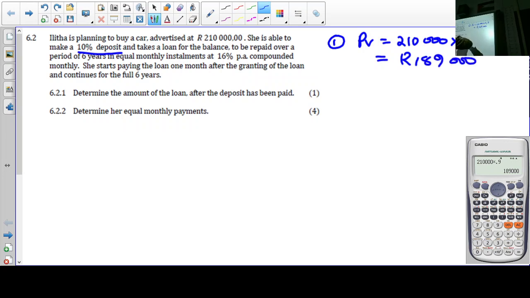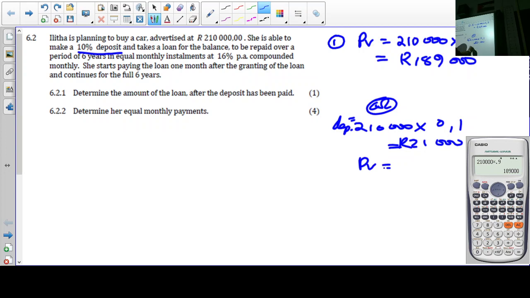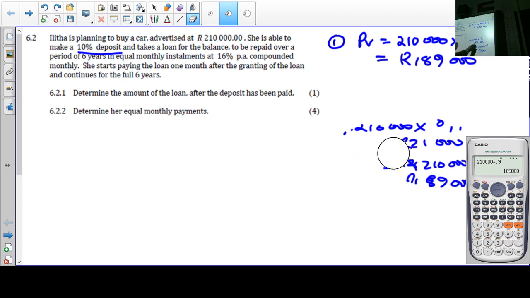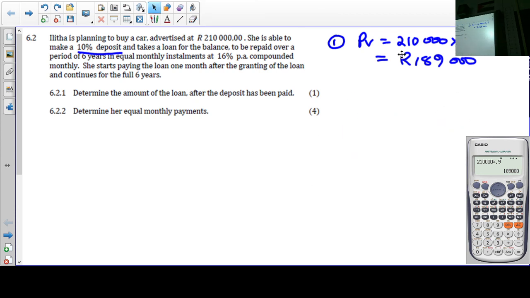Or we could have said 210,000 multiplied by 10%, which is 21,000 rand. That is your deposit amount. And then your PV, or loan amount, is going to be 210,000 minus 21,000. Gives you 189,000. Okay. So either way, you're going to get your full mark. But it's 1 mark, so I would assume that you would have used this method. It's going to be much easier.